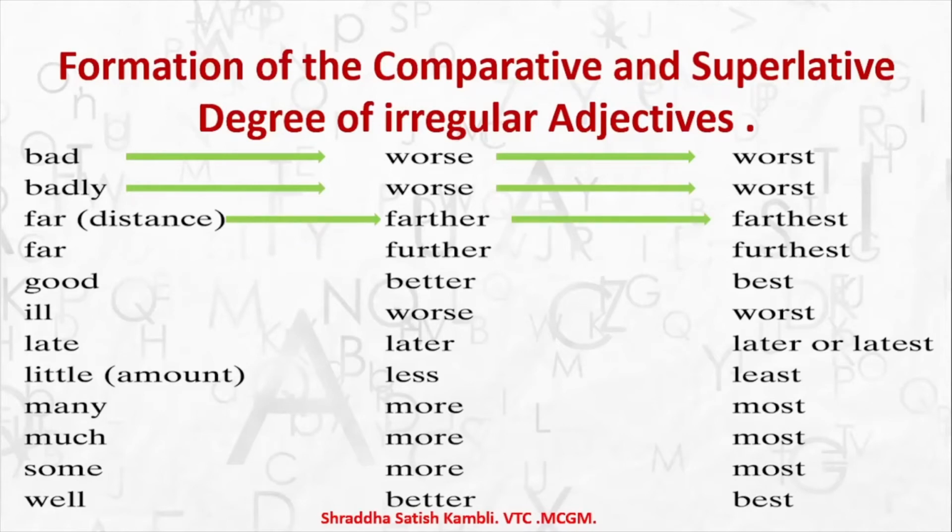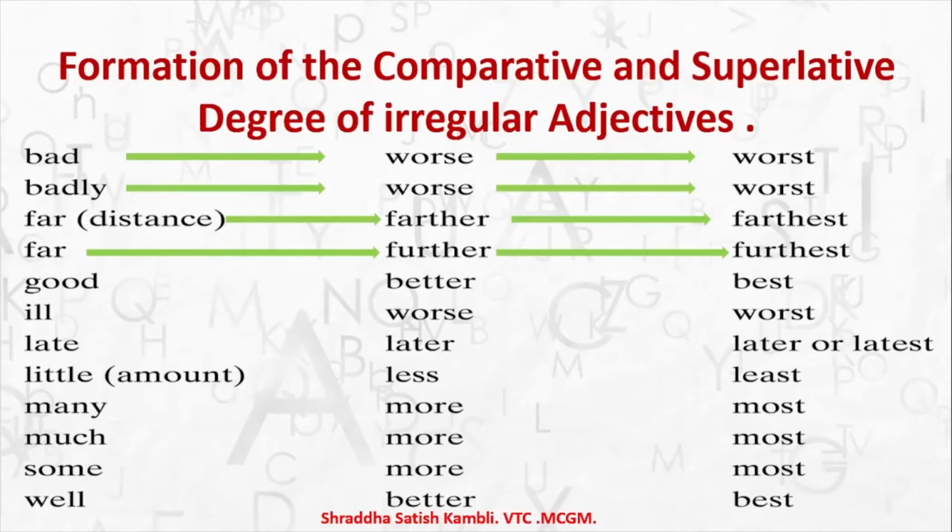Whereas far becomes further and furthest. And then you have all the others also. You have good, which becomes better, best. You have ill, which becomes worse, worst. So see, bad is also worst, ill is also worst. These are all the different kinds of words which are irregular adjectives. So I will ask you to pause the video here and read all the words properly.